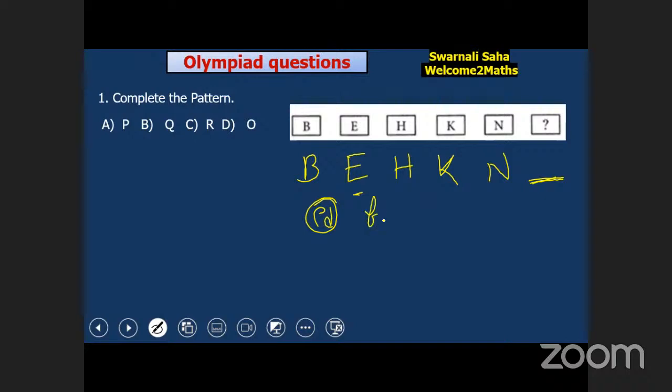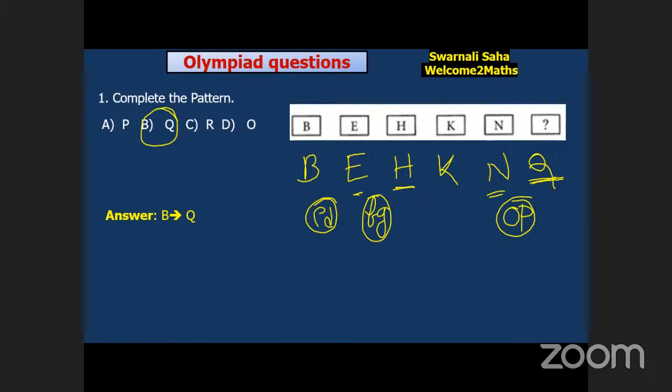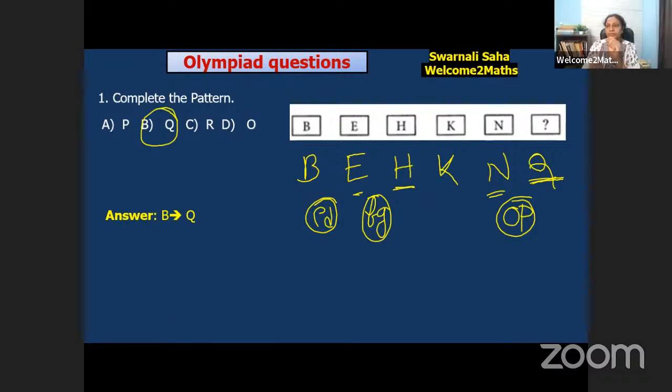F and G, but here we skipped F and G, and then there is H. So obviously, after N, the 2 letters we have to skip are O and P. Okay. So we will write here Q. Very good. 2 letters we have to skip. So option B here is Q. Very good.